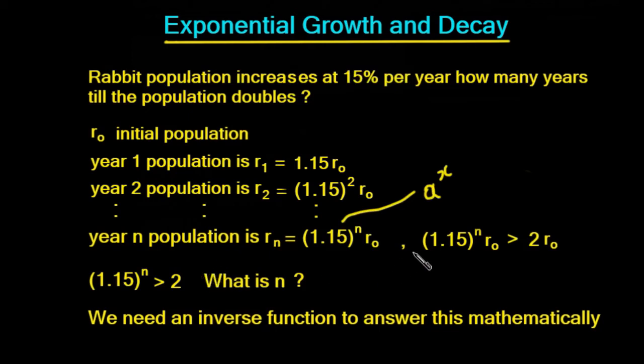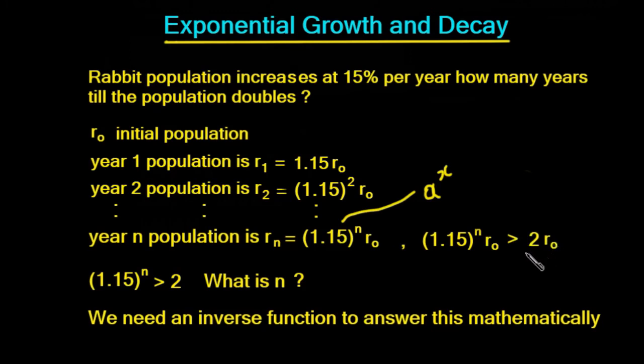So we're still left with a problem here. How do we find out the number of years it takes for the population to double? Well, if we start off with the original population R0, then it's going to be doubled when we've got a value of 2R0.